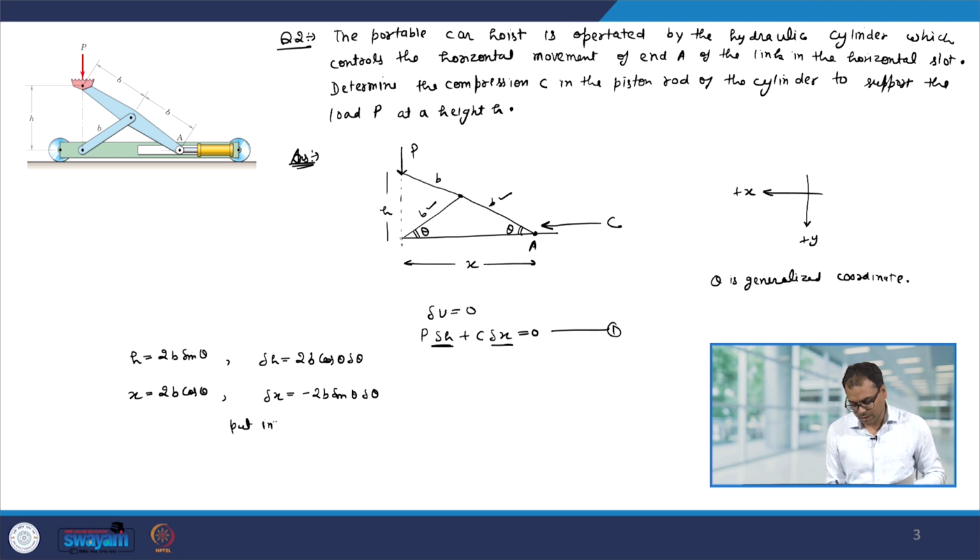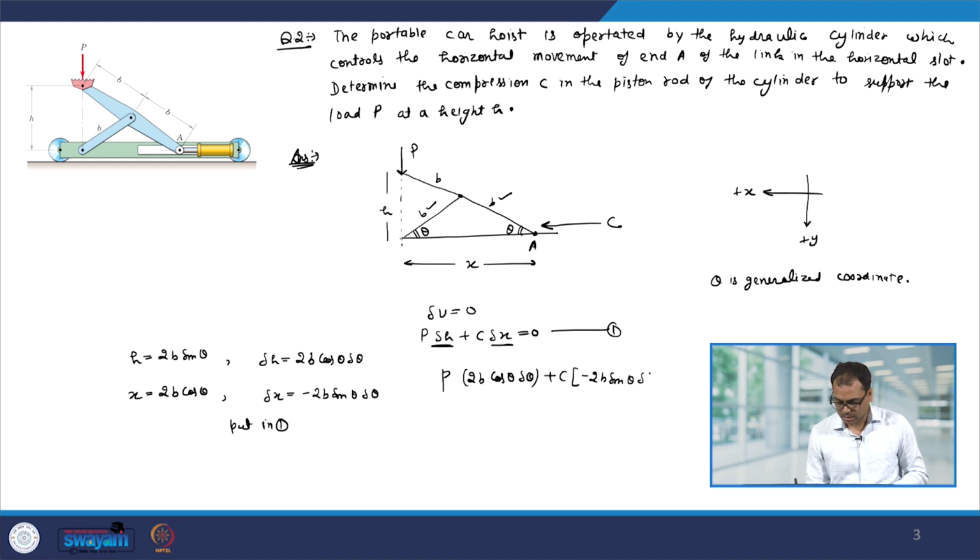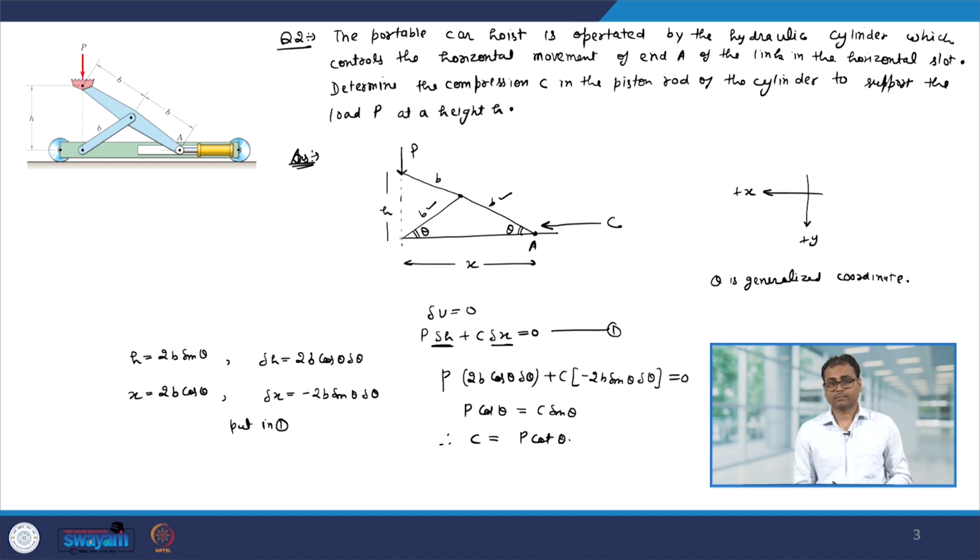Let us put this in equation number 1. So, we have P into 2b cos theta delta theta plus C into delta x, which is minus 2b sin theta delta theta, equal to 0, or we get P cos theta equal to C sin theta. Therefore, C is nothing but P cot theta.